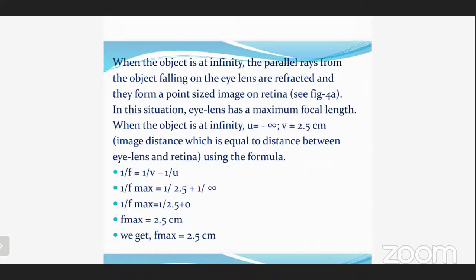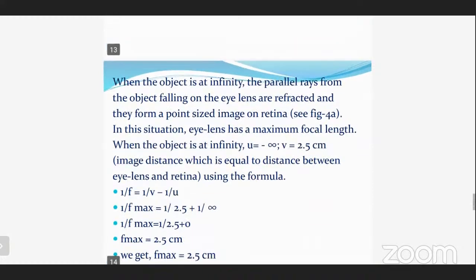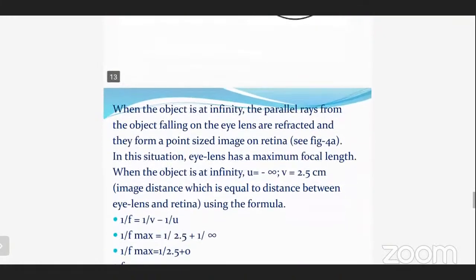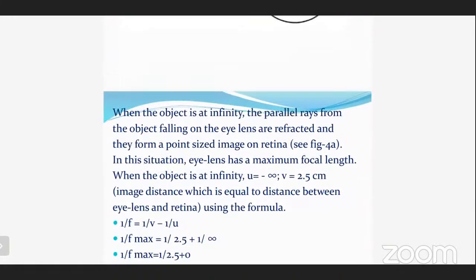Here you observe that parallel rays are falling on the eye lens, they are refracted, and they form a point-sized image on the retina. See in the figure, when the object is at infinity, the light rays form the image on the retina.